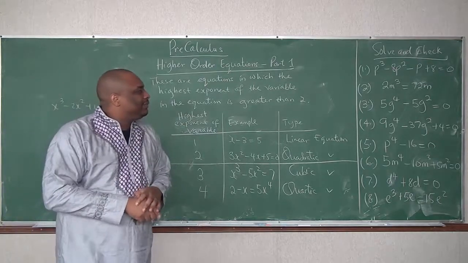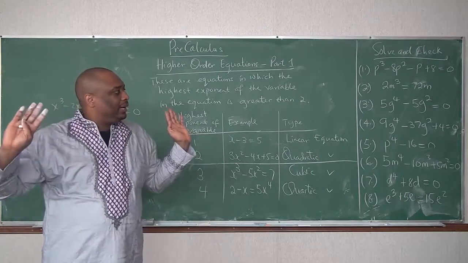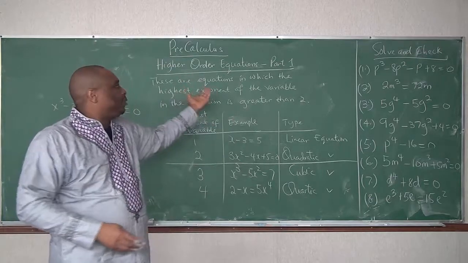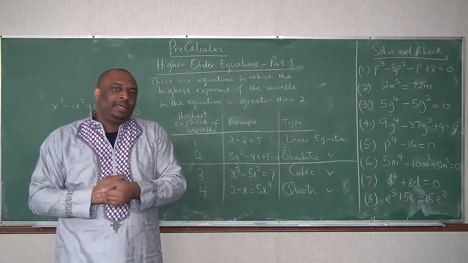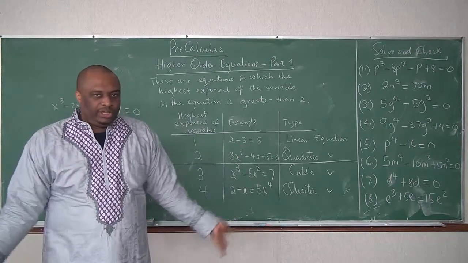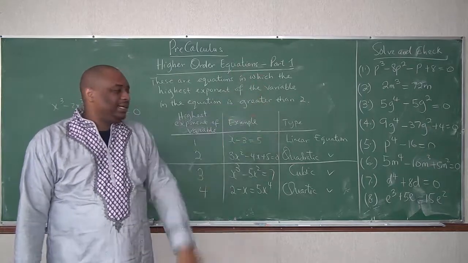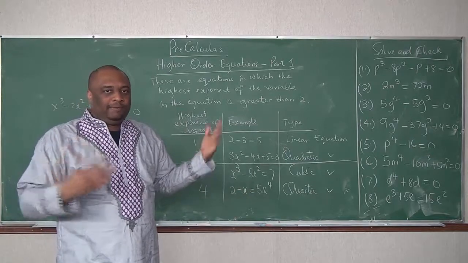So in this video we shall look at higher order equations, and this is part 1. There are several methods of solving higher order equations. It just depends on the equation. For the type of equations we shall do in this video, we shall solve mainly by factoring.